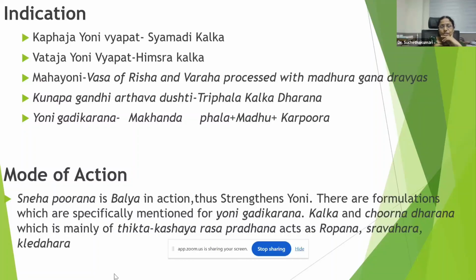And if the formulations which are mentioned in the classics for the yoni ghatikarana are used, then it gives strength to the perineal muscles, and to the prolapse, if there is minimum laxity of the vagina because of multiparity, or because of difficult labor, etc. In these conditions, the yoni purana has to be done with the dravyas which help in the ghatikarana of the yoni.